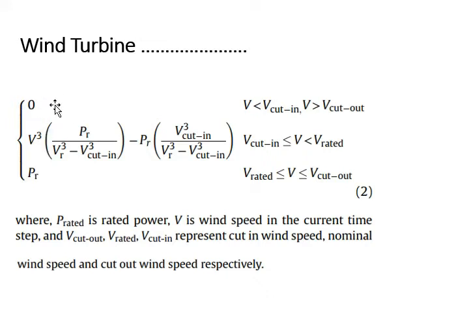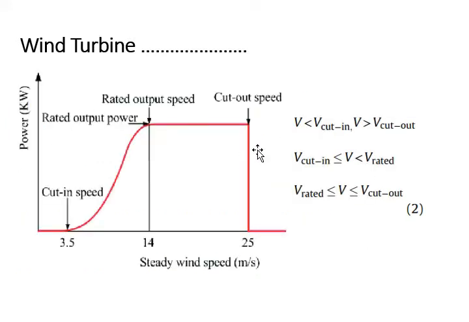The output of the wind turbine will be 0 if the wind speed is either below the cut-in speed or above the cut-out speed. Here, first of all, let's discuss the wind velocity and power output curve, known as the PV curve.